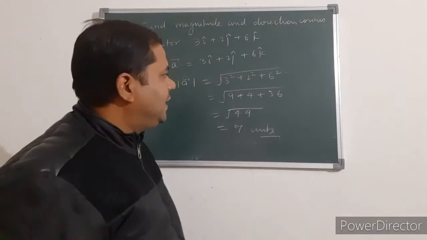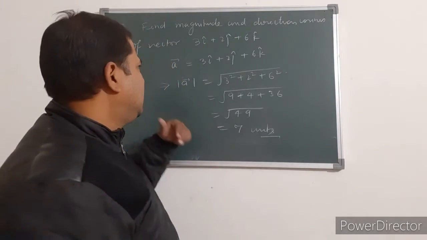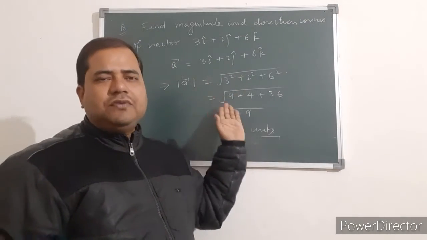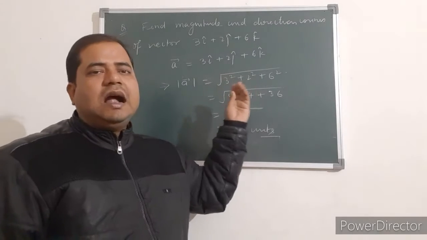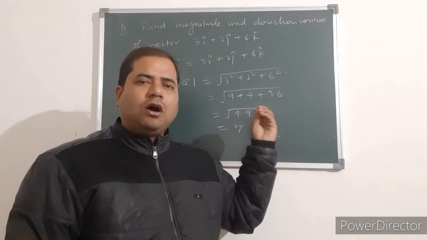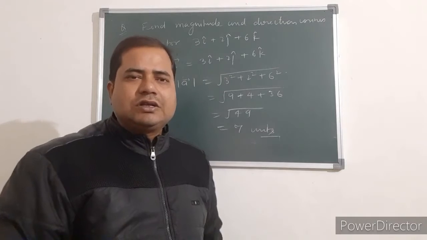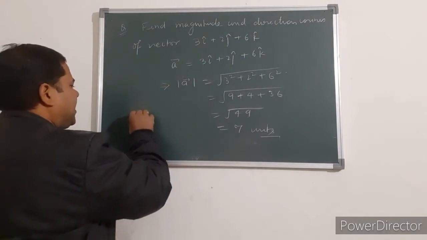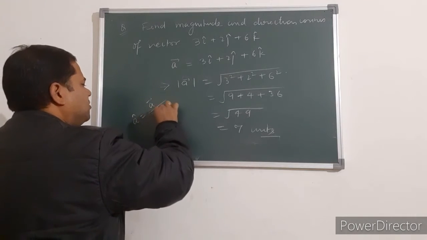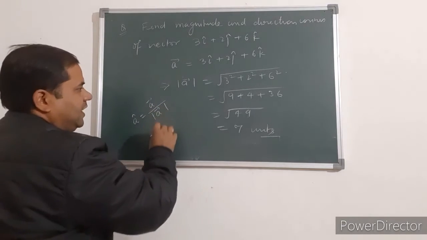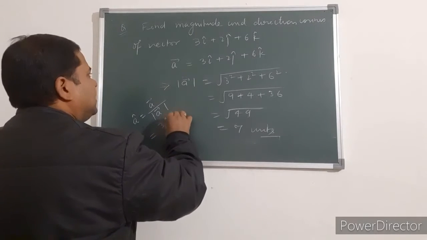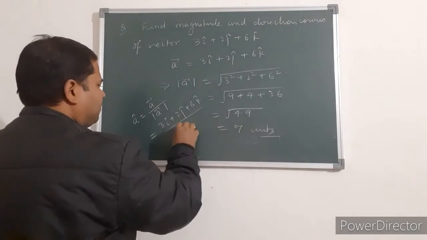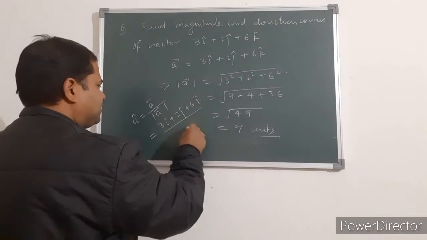Whenever we need to find direction cosines, we find the unit vector along the given vector, and the scalar components of that unit vector are known as direction cosines. So first we find A cap, which is vector A upon mod of A. Vector A is 3i cap plus 2j cap plus 6k cap divided by mod of A, which is 7.